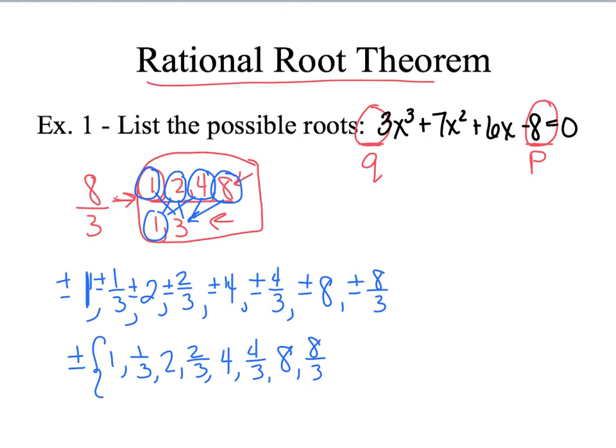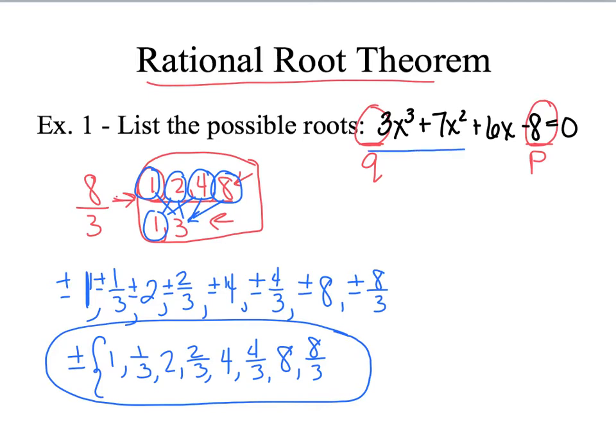If there were any fractions in this list that could be reduced, you would want to make sure that you did that. In this case, our fractions are already in simplified terms. So again, what the rational root theorem is saying is that if I were to graph this polynomial, and it had any real roots or real x-intercepts or real solutions, those solutions would all be in this list.